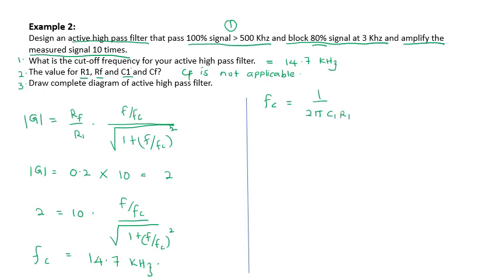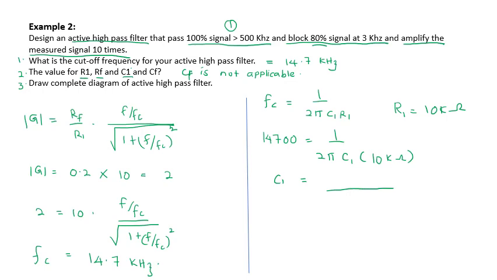So 14,700 is equivalent to 1 over 2 pi R1 C1, and let's say R1 is 10 kilo ohm. From there you will be able to calculate for C1.